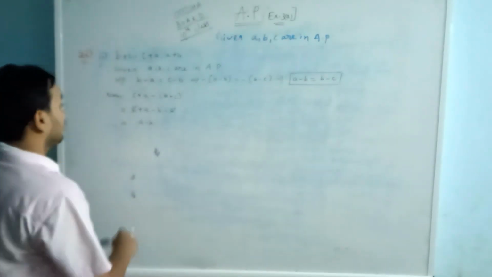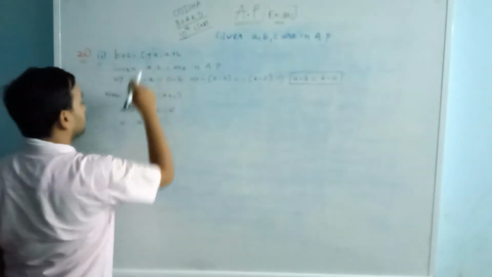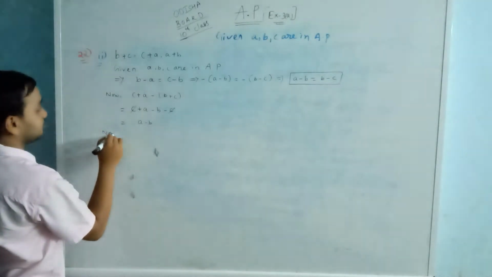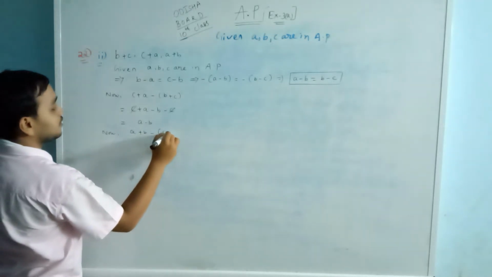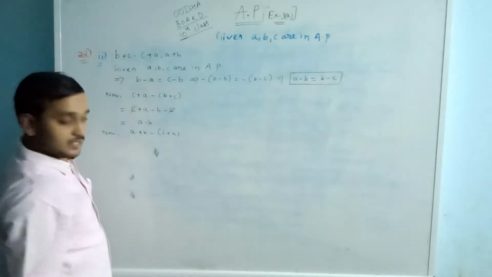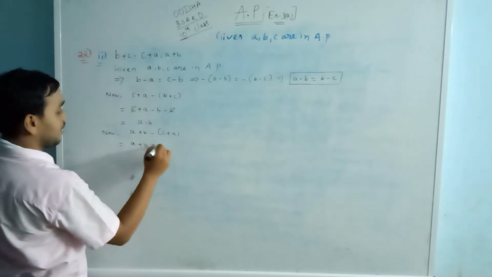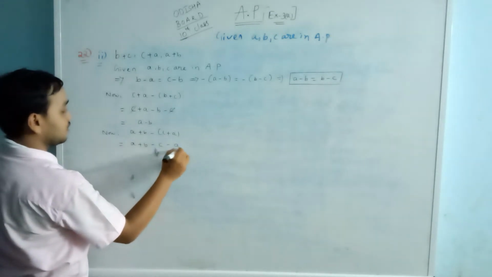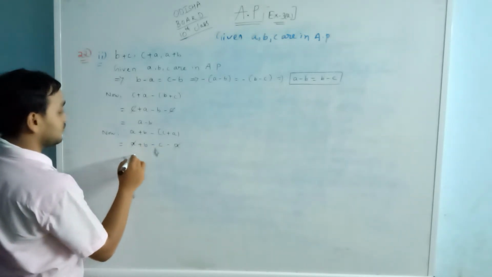Okay. Now see, T2 minus T1. Now A plus B minus C plus A. A plus B minus C minus A. This will be cancelled. This will be cancelled. That is what?